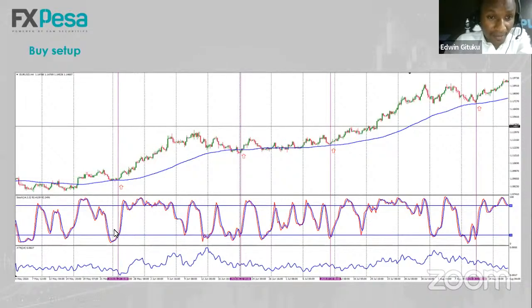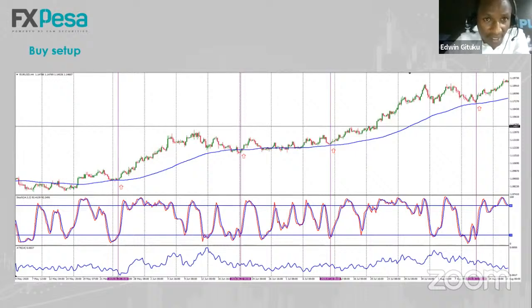So given that now we are trying to combine the trend, the overall direction of price, in order to know when the price is oversold, ideally these setups will give you a scenario where price is just about to embark and continue with the prevailing trend.